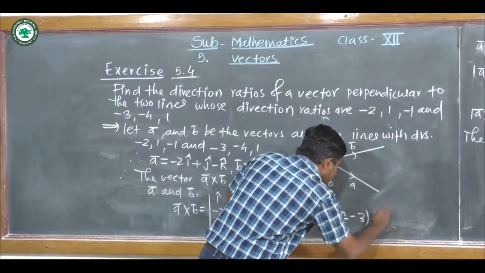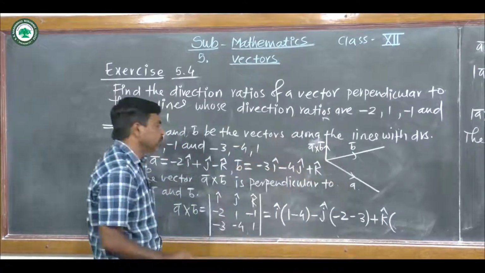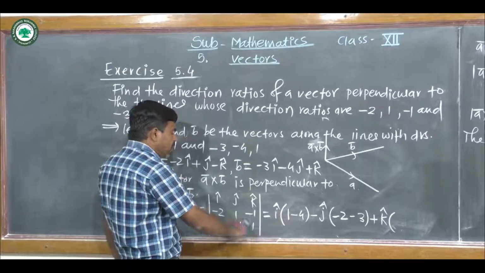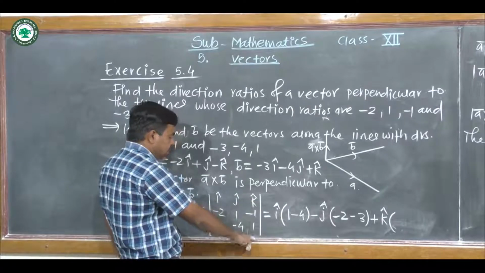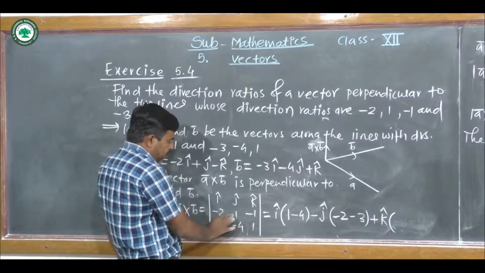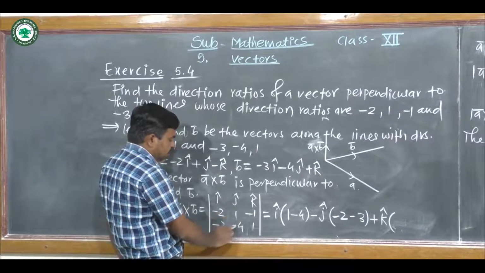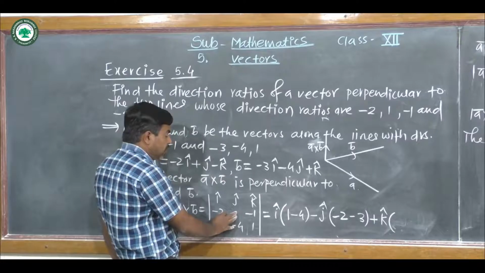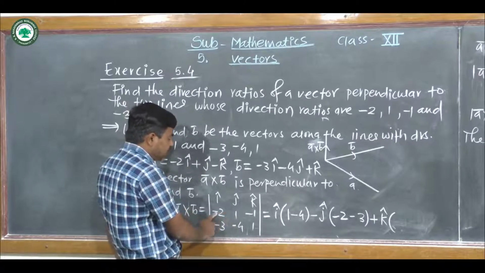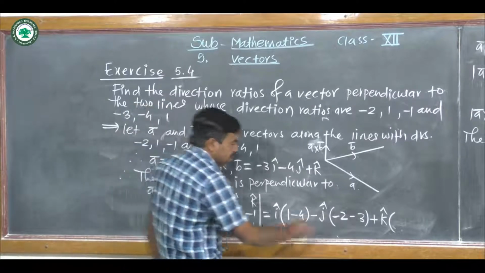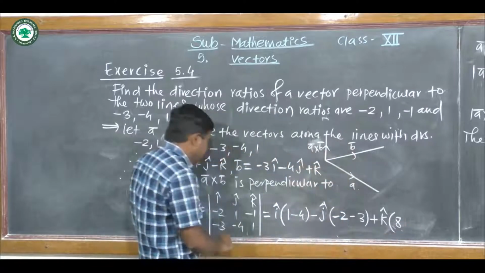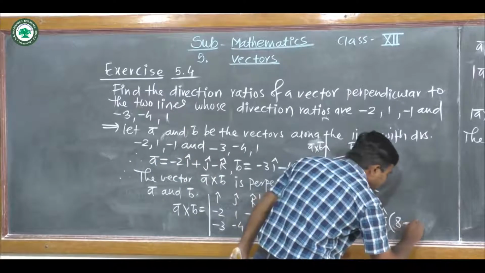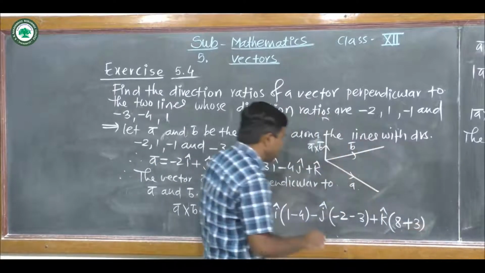Plus k cap in bracket. Now k cap lies in first row and third column, so leave first row and third column. These 4 elements, -2, 1, -3, -4, give a 2 by 2 determinant whose value is -2 into -4 plus 8, minus -3 into 1 minus 3. So minus of minus 3 becomes plus 3.